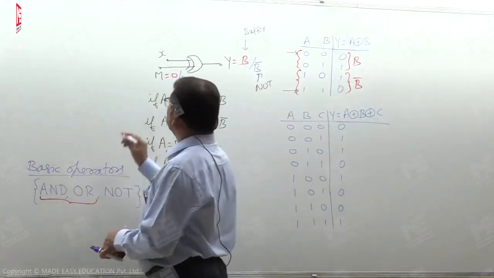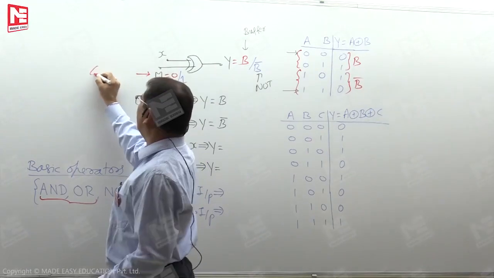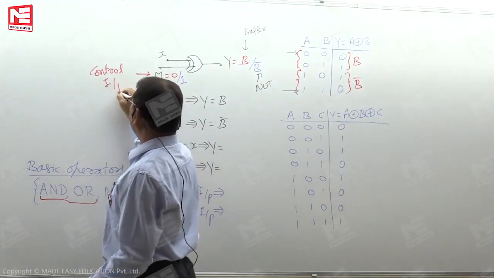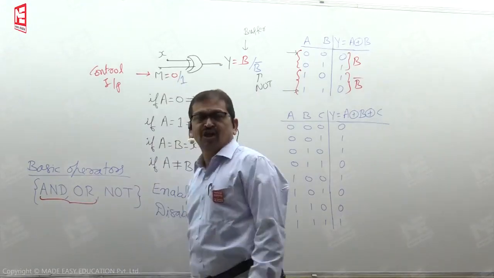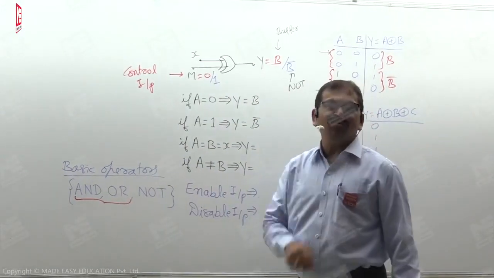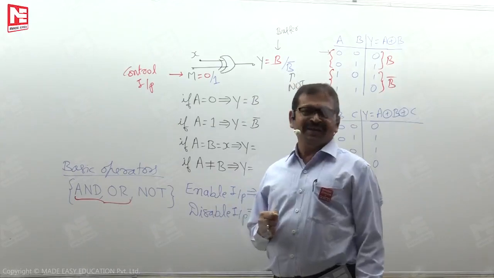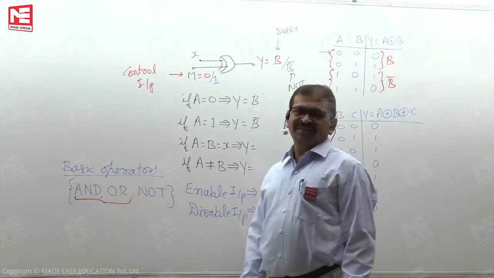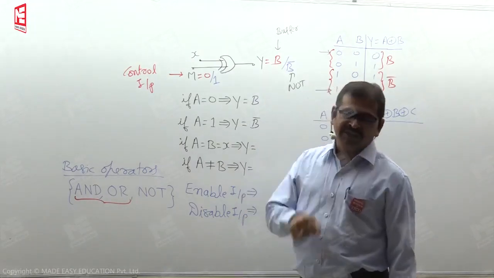Based on this, we name M the control input. It is controlling the operation of the two input exclusive OR, whether to give the operation as a buffer or as an inverter.